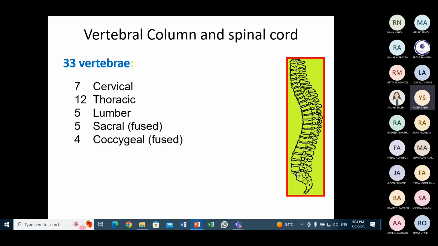It can be seen in a patient with pain, for example a patient with muscular spasm, where the spine appears straight. This is called loss of normal lordosis, and it is seen on the lateral view.